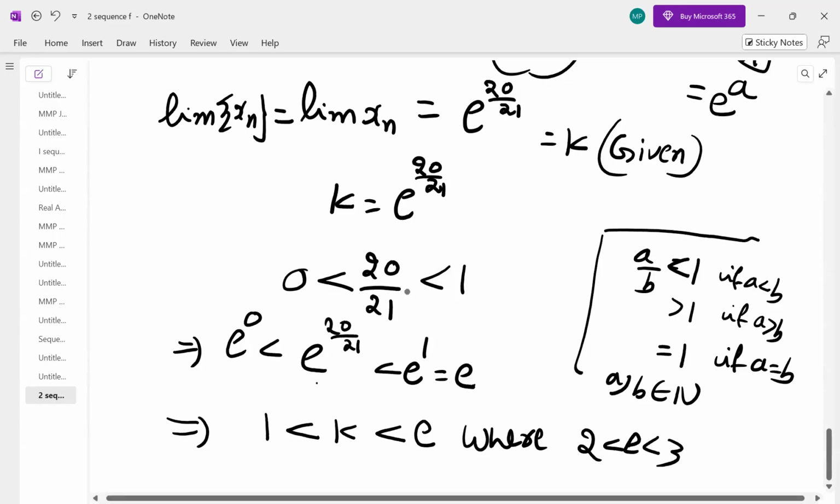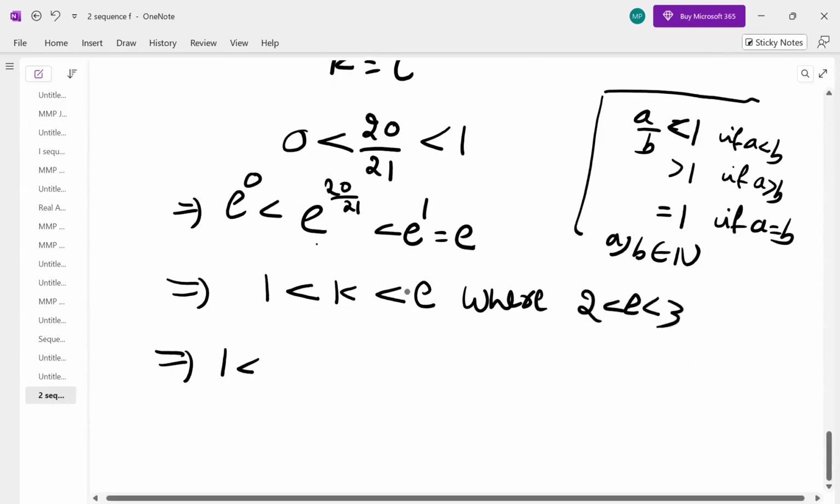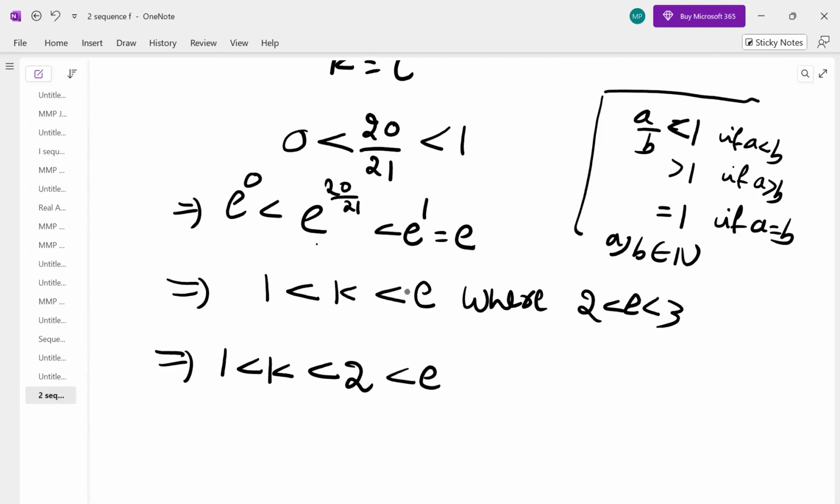We can rewrite this as 1 is less than k, less than 2, less than e, less than 3. So the k value is less than 2, between 1 and 3. This value e is 2.7 something, and k is less than e.